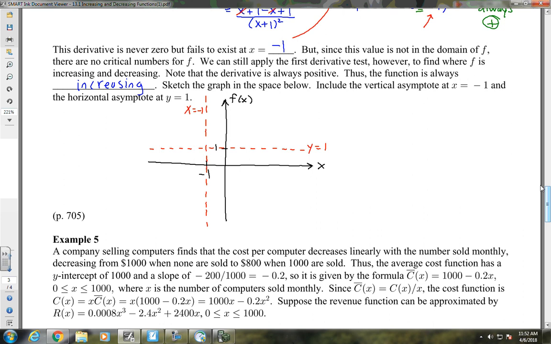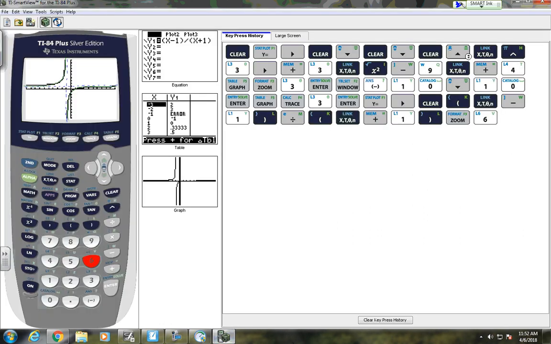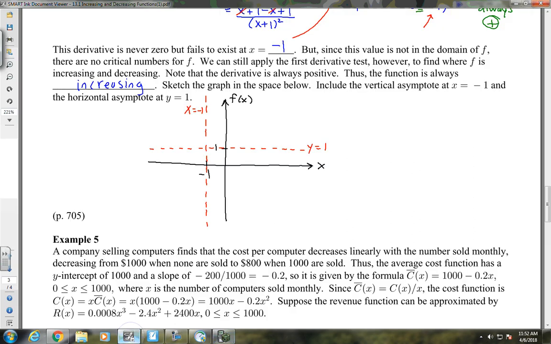They're just boundary lines. Okay, let me take a peek one more time. Looks like it's crossing. Again, this is a sketch. So we'll say approximately like so, and approximately like so. Okay, so the derivative was always positive, so the function is always increasing.